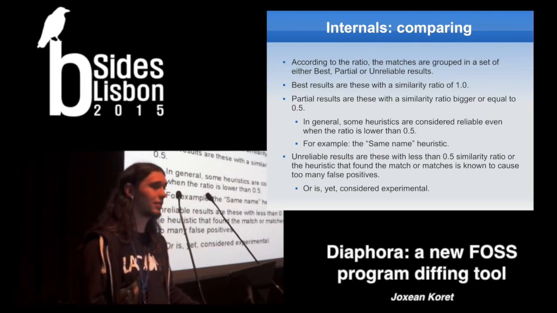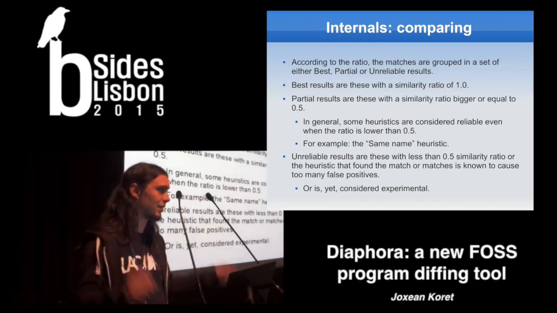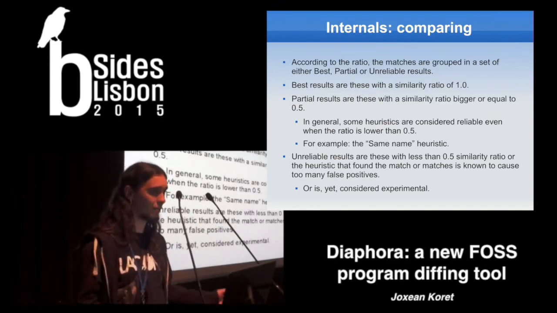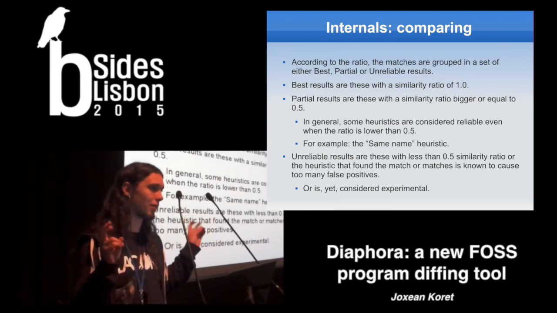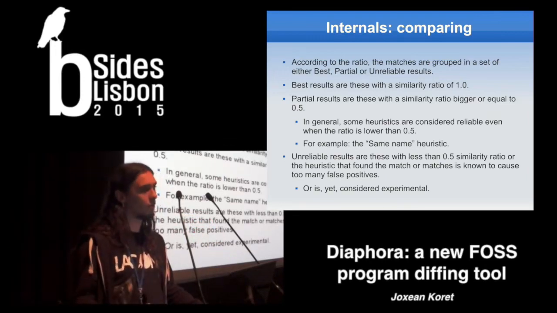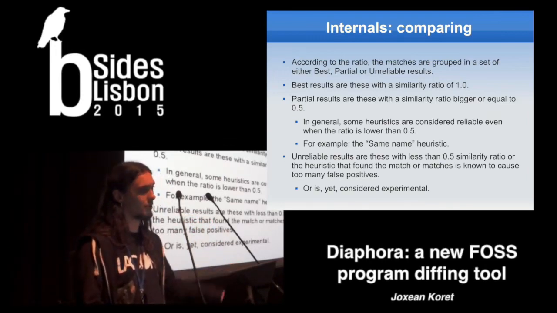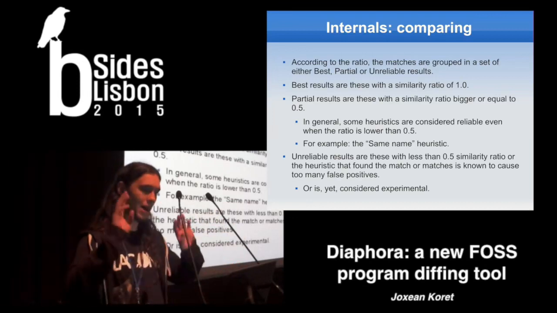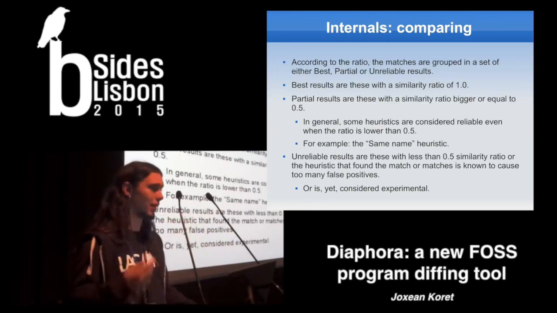On the other hand, if we have like 100 loops in a function, we know that it is going to be a good match, but it's not going to happen very often. So this one is considered overall an unreliable or experimental heuristic, and by default, all matches found by this heuristic are automatically labeled as unreliable.